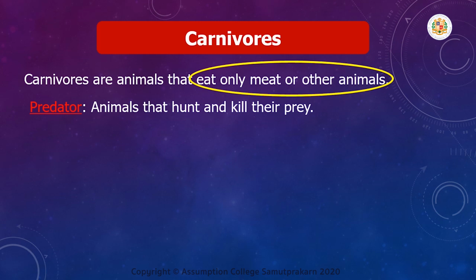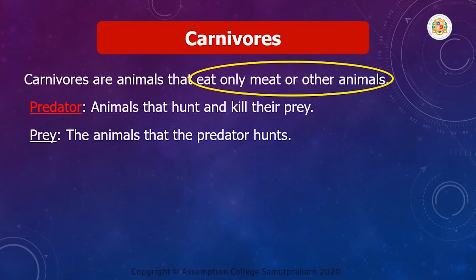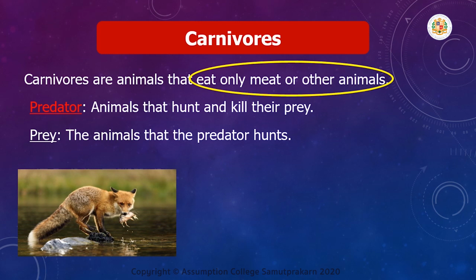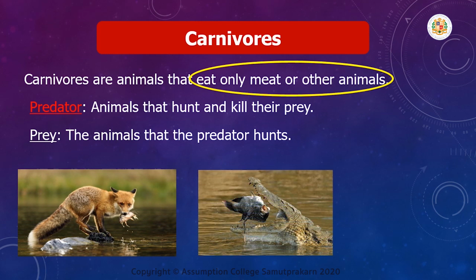We can group this kind of animal into 2 groups: predator and prey. Predator means an animal that hunts and kills its prey. Prey is the animal that the predator hunts. These are examples of the carnivores group.